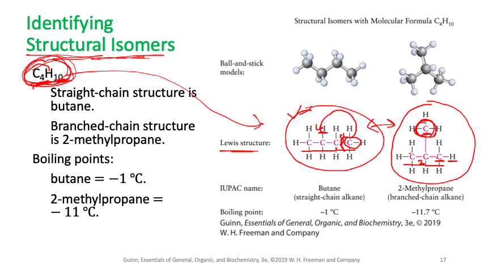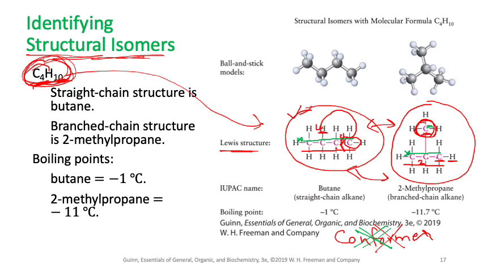So now let me ask you a question. Are they conformers? No, they are not conformers. Why? Because if you start from one of the carbon atoms, we connected all four in a straight line, but if we start with the same carbon atom in the different structure and go all the way straight, I am not connecting this carbon atom which is the fourth. So they do not have the same shape, which means they are not conformers.